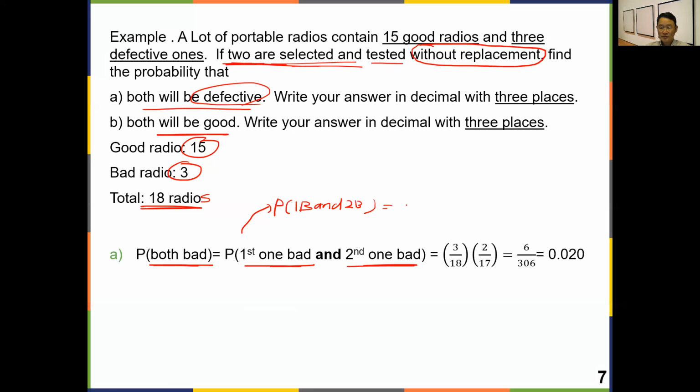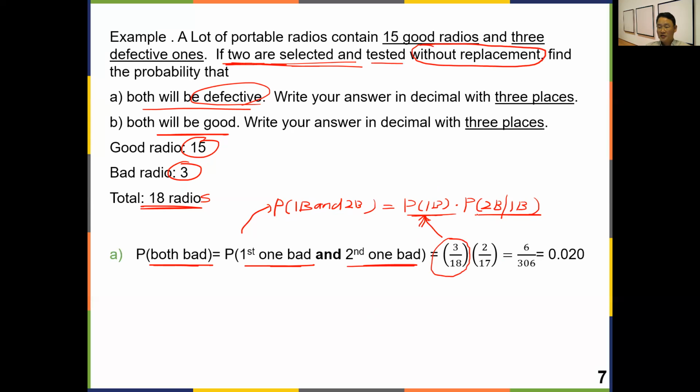This is the probability of the first one bad times the probability of the second one bad given that the first one is bad, right? That's the proper and conditional probability formula. So what's the probability that the first one is going to be bad? Well, at the moment, out of a total of 18, how many of them are bad? 3. So it'll be 3 out of 18, just like this. That's this part. Right?